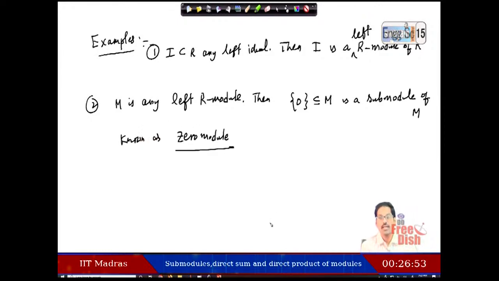It satisfies all the conditions of a left R module, hence it is a submodule. Submodule means that it itself is a left R module.